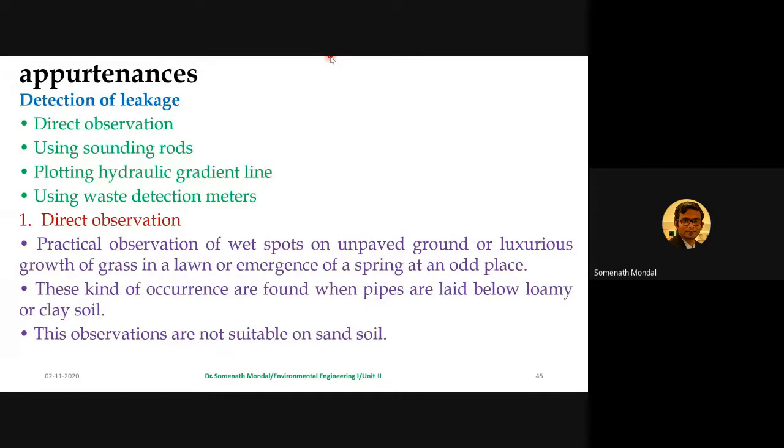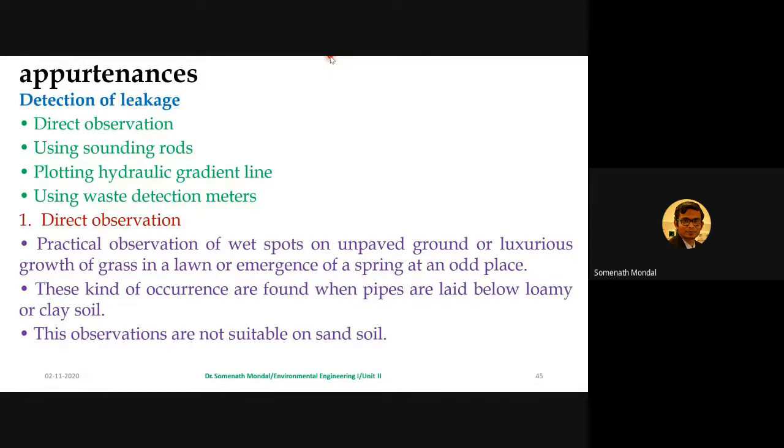At the same time, if you want to make your engineering practices associated with water supply sustainable, the leakage should be absolutely minimum, and that is why detection is of very high importance.